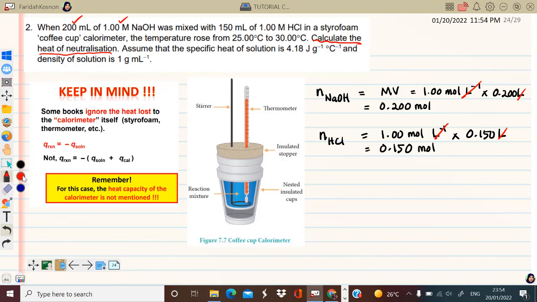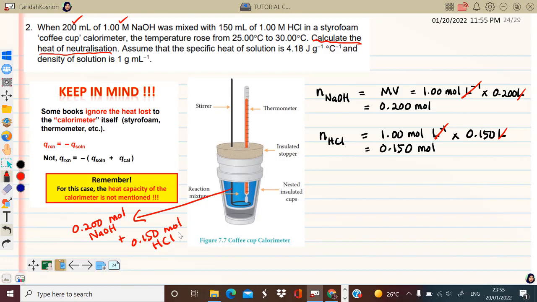Jadi maksudnya sekarang kalau kita boleh gambarkan apa yang ada kat dalam ni, saya ada 0.200 mole sodium hydroxide, okay, and 0.150 mole HCl. So when these reactants mix, okay, what happened? The chemical reaction occurs and it will form salt and water.